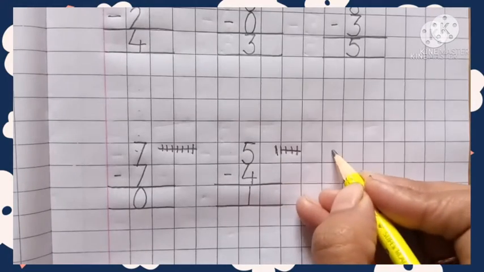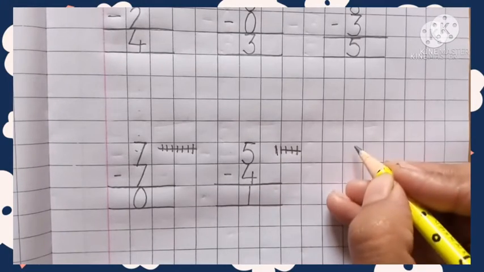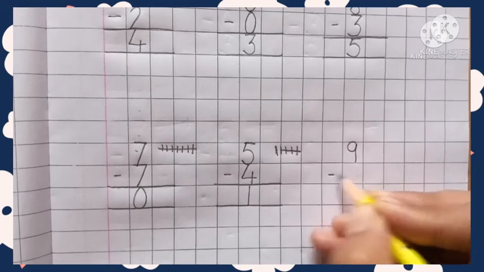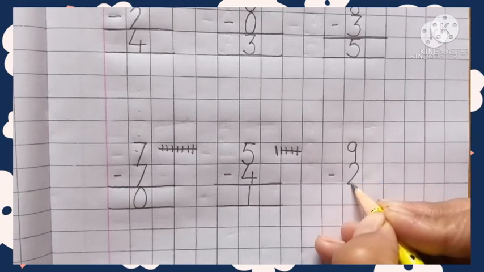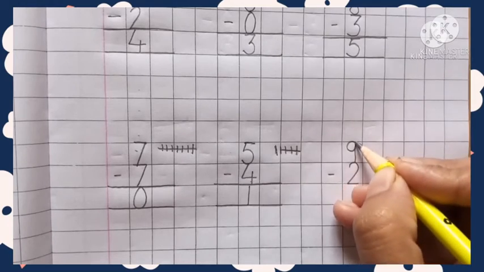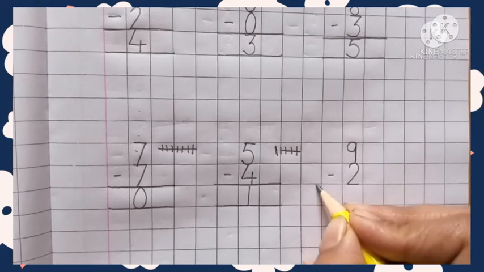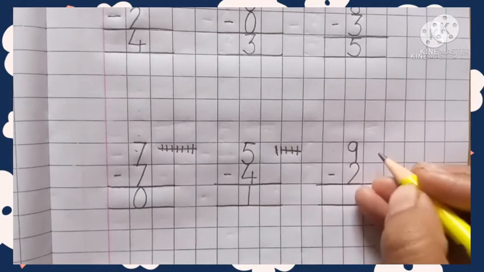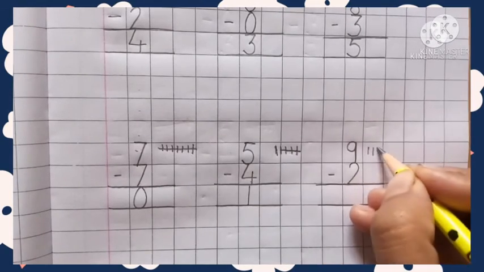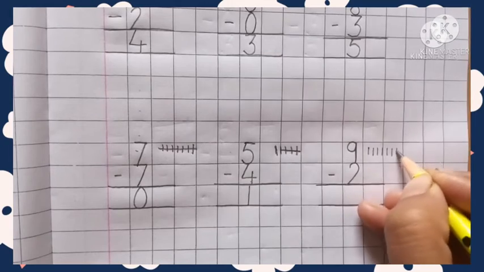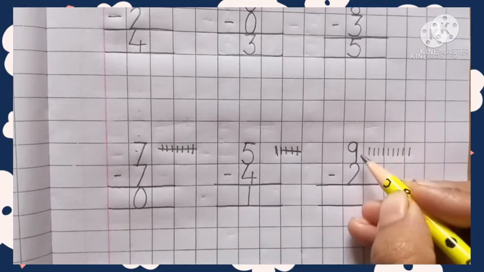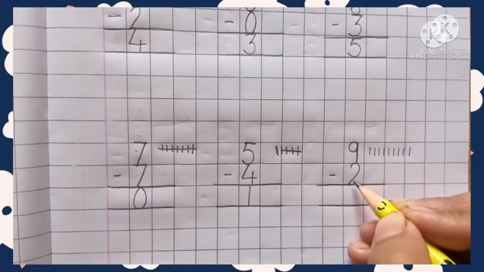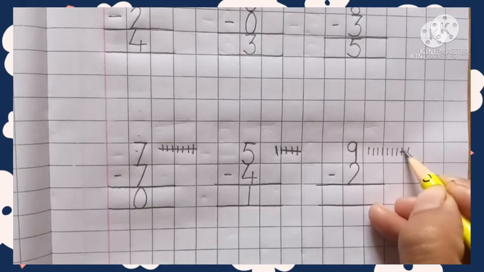Leave 4 boxes and write here 9 minus 2. Draw 9 lines, because 9 is written here, and we will cut 2 lines from here.